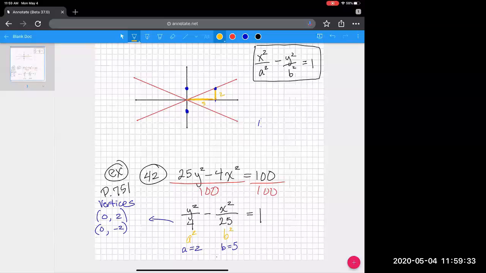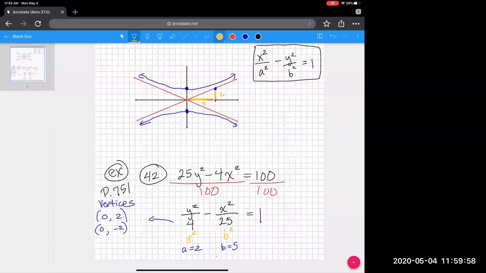Then this makes it easier for me to sketch a graph going out and being asymptotic to these lines. And we're supposed to identify some key points. So it says to specify the coordinates of the vertices.